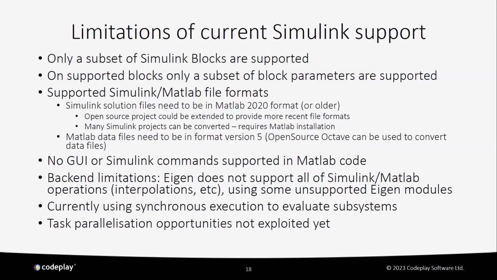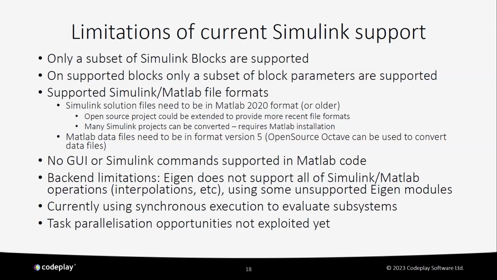Then there are backend limitations. Not all Matlab operations can be directly matched to Eigen, so there are a lot of things we used in the unsupported and Eigen modules, and also things that we needed to build on top of that.